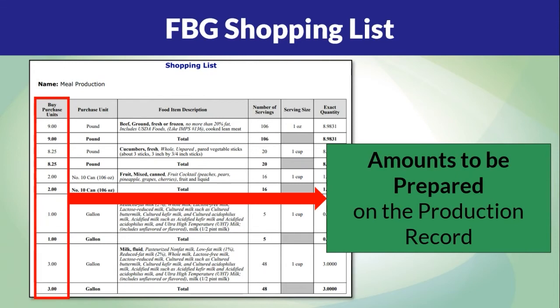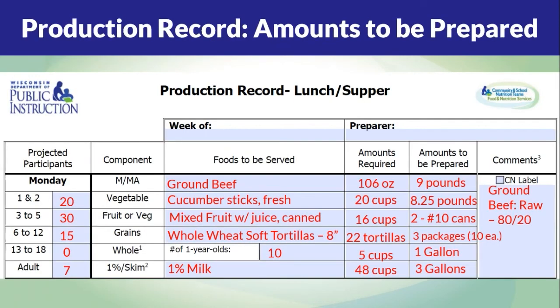The information from the food buying guide shopping list can be used to enter the amounts to be prepared on the production record. Refer to the Buy Purchase Units column. As the final step, enter the amounts for each food component from the food buying guide calculator in the amounts to be prepared column of the production record.